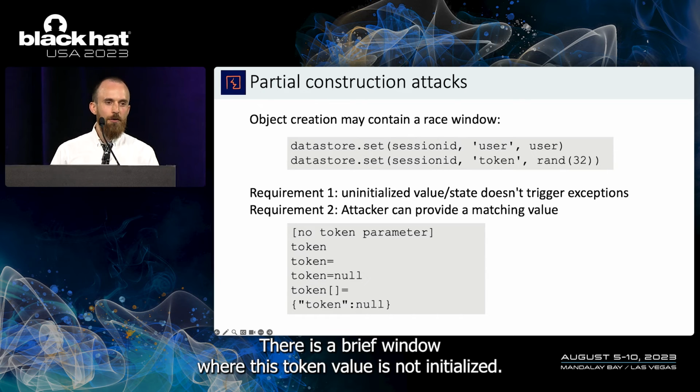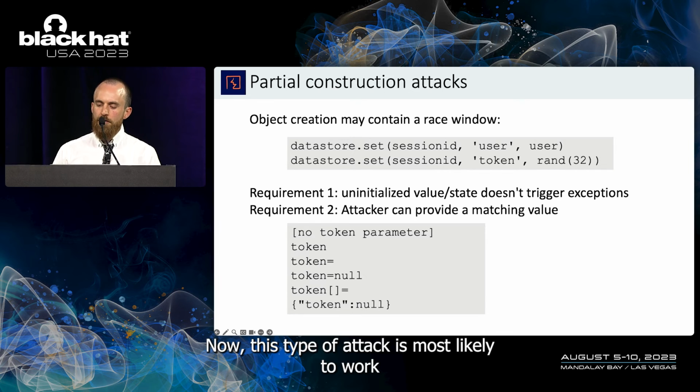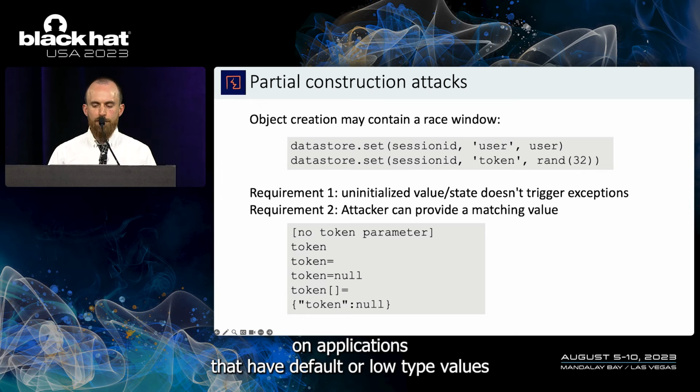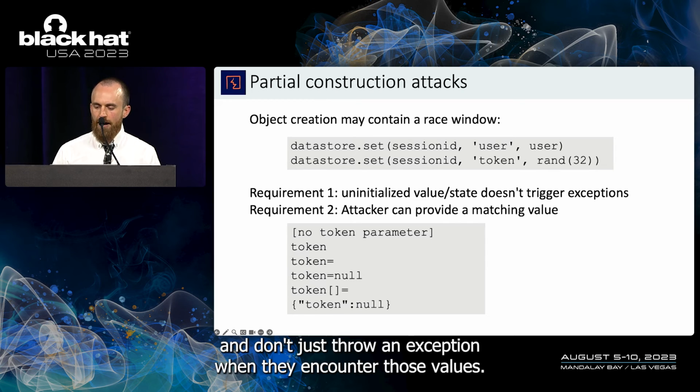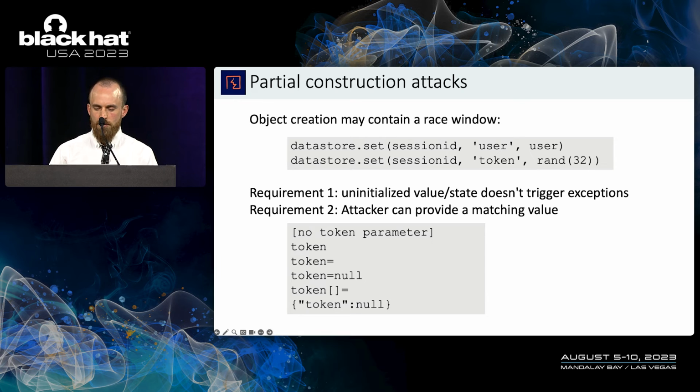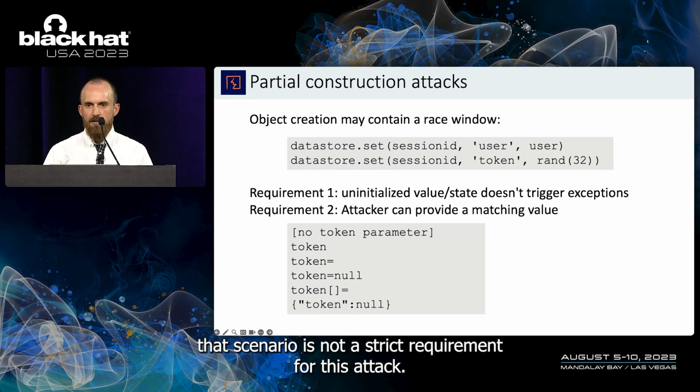There's a brief window where this token value is not initialized. Now, this type of attack is most likely to work on applications that have default or null type values and that don't just throw an exception when they encounter those values. But that scenario is not a strict requirement for this attack.